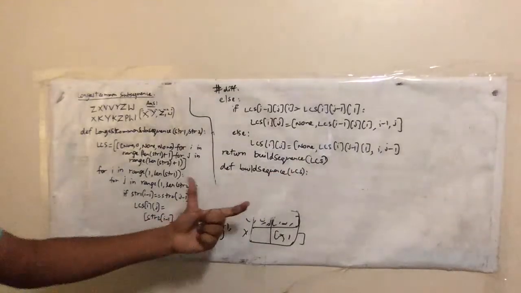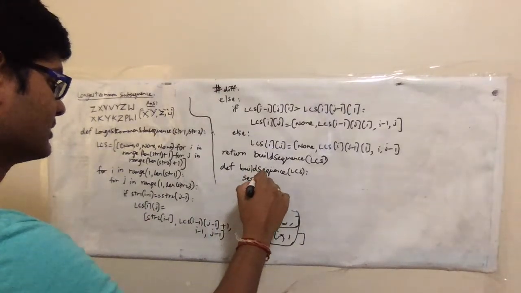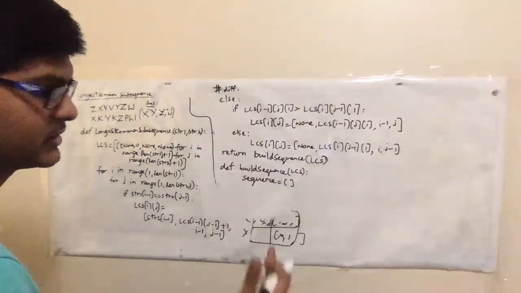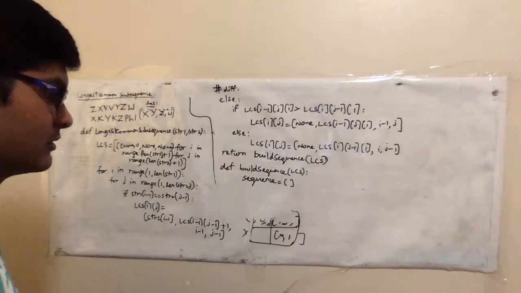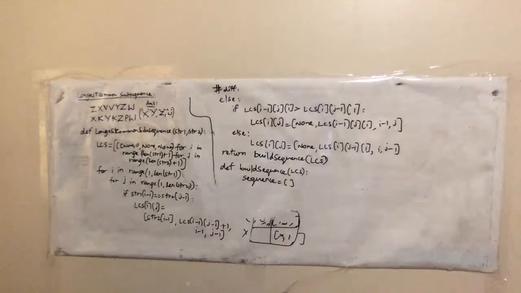And what we can do, we will return a sequence and start by initializing it with an empty list. We need to return this sequence after appending all those. So how to proceed further?